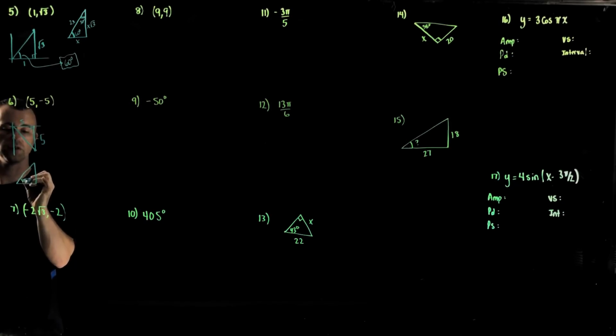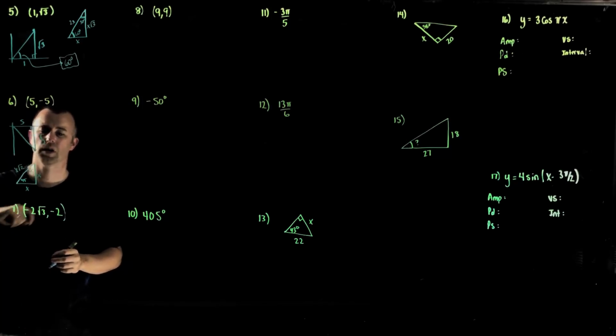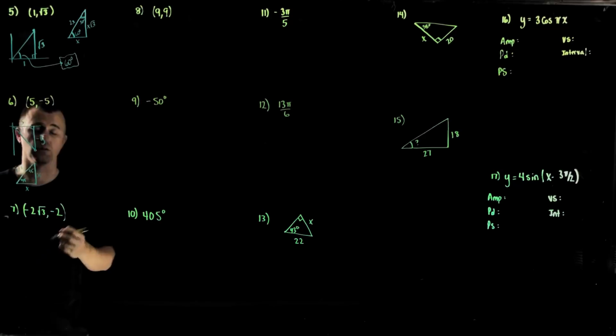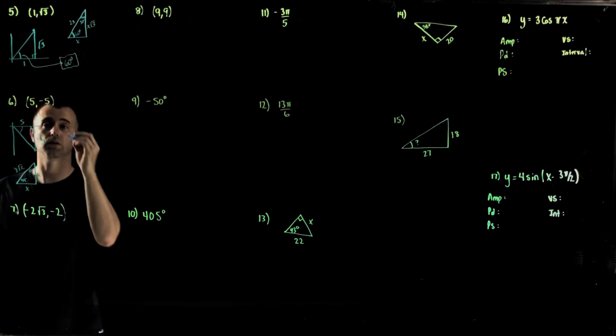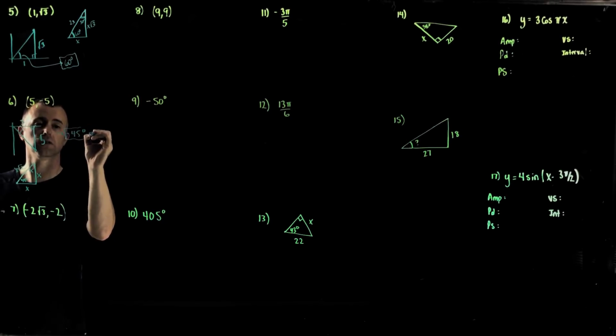So that's 45. That's really tiny, probably hard to see, but those are 45 and 45. And that would be x, x, x square roots of 2. I don't need the hypotenuse here. I just need these 2 points. So this is 45 degrees right here, but we're going down 45 degrees. We're going clockwise. So I'm going to say this angle is negative 45 degrees. And we can use that as our answer.